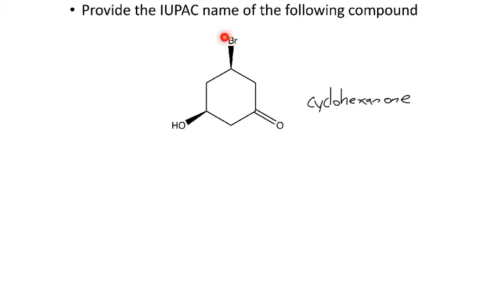So because bromo comes before hydroxy, we'll number in this direction. So my numbers will be 1, 2, 3, 4, 5, 6. And so I can worry about the stereo descriptors in a second, but then putting my substituents in alphabetical order, I have 3-bromo, 5-hydroxy, and then again with a number.